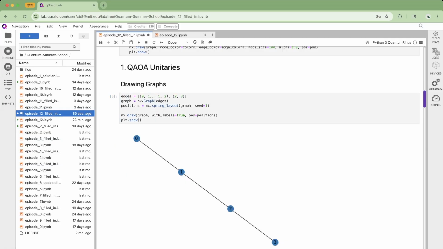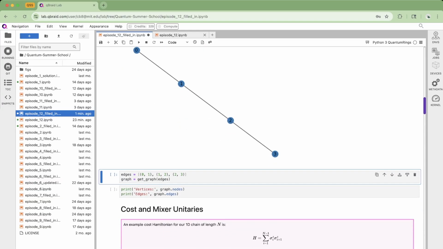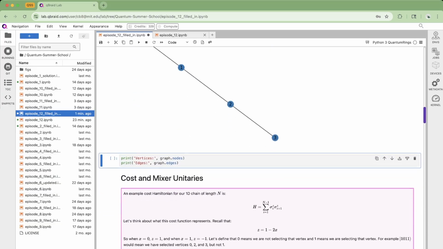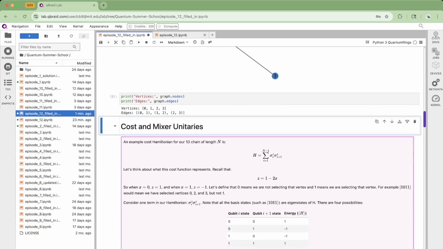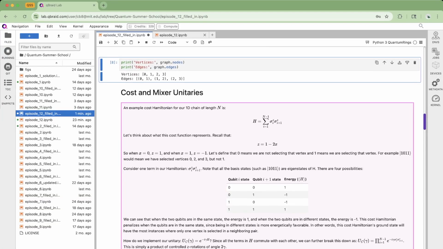We can draw a graph. This is actually just a straight line, which we can see is also defined here. We can also use that function instead. And we can also see what the vertices and edges are. So we can very quickly construct whatever graphs we want, and we'll use these for our combinatorial problems.